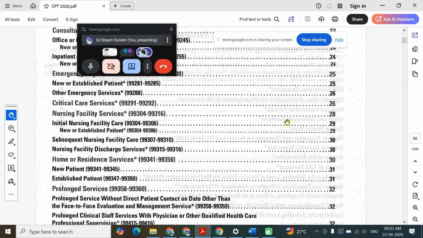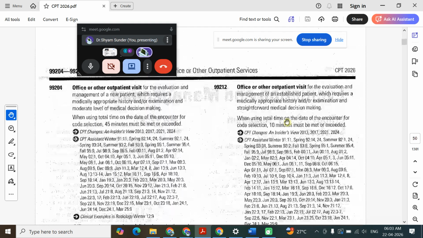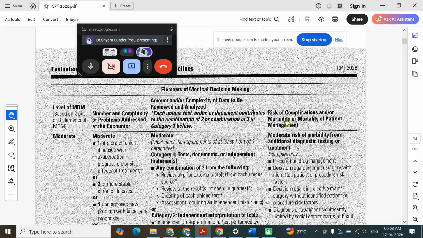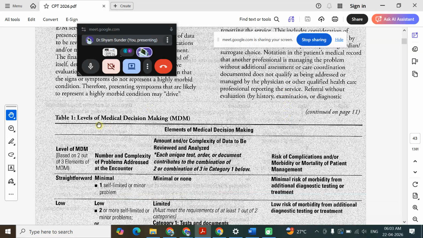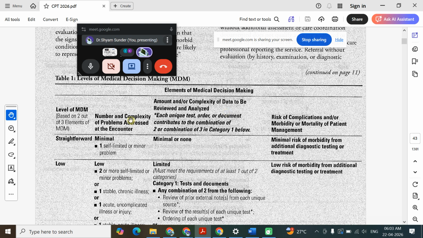Now, to understand these 3 elements, if you're able to see the screen, in the beginning pages, we have something called the levels of medical decision making table. Table 1. So you have to go through this table. You have to understand this table.